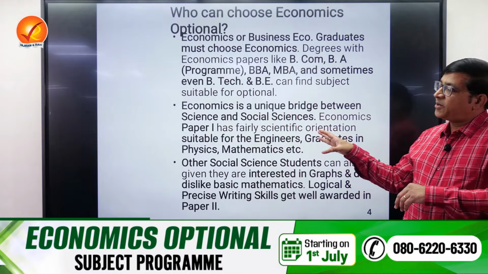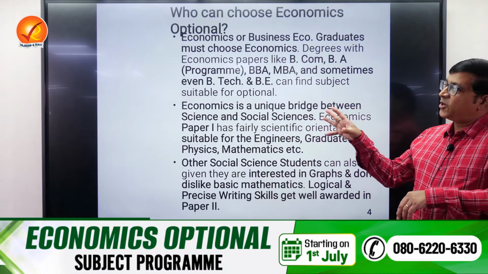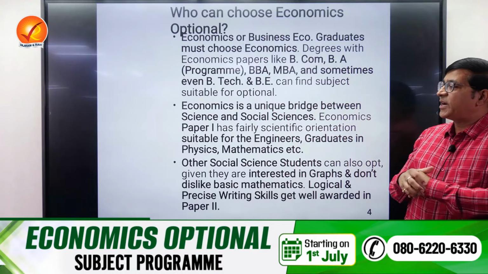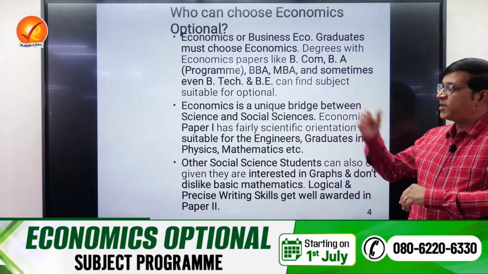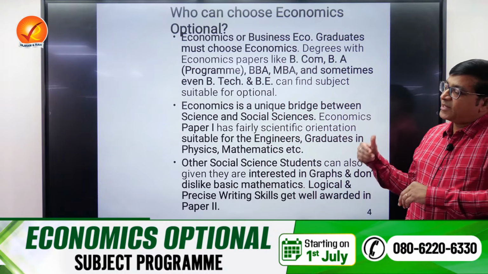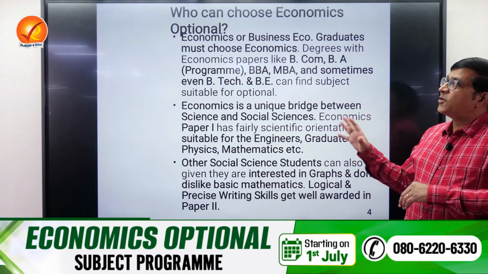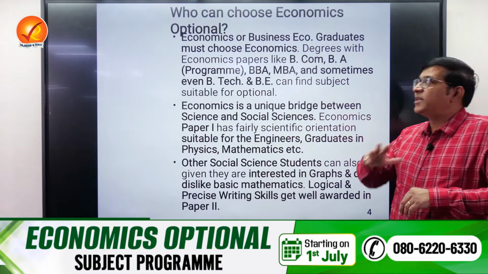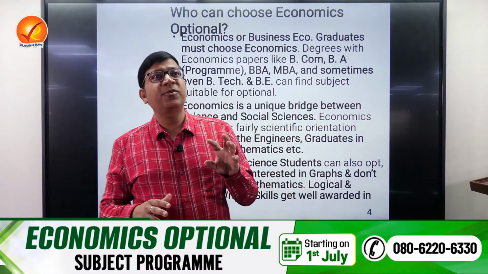In fact, paper one is very much scientific in its approach. Therefore, all the more if you are connected with a science background, you will find it easier. And similarly, paper two is more linked to the descriptive part of it. That is something which makes it easier for those who have a social science background. So it's like three layers, three types of students who can go for economics optional.